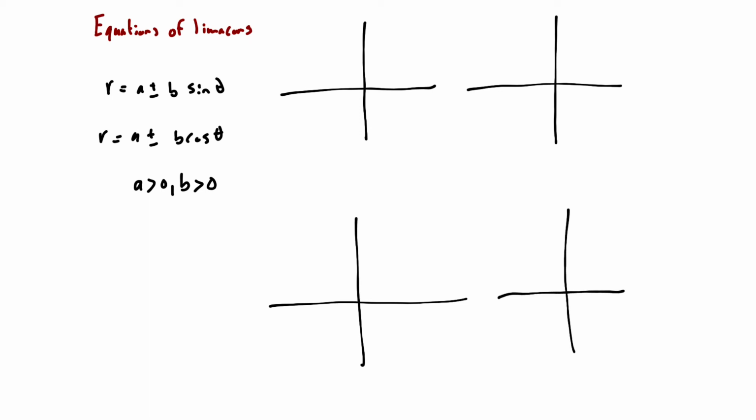We'll start with the previous one, a cardioid. And this occurs when we have that our a value is equal to b. And again, this is roughly a heart shape. Let me go ahead and try and redraw that a little better.